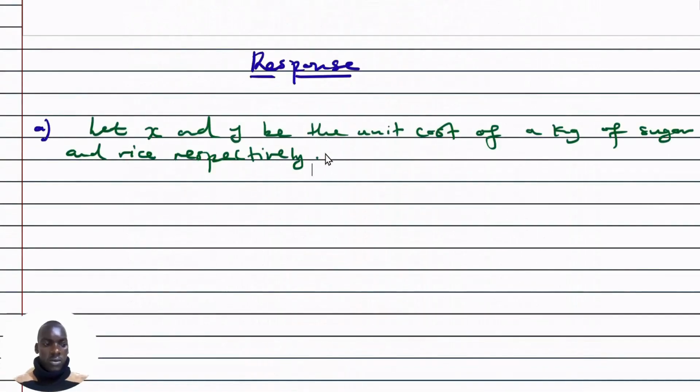So you can have 5 kilograms of sugar, this is 5 multiplied by X, added to the 6 kilograms of rice multiplied by the unit price of rice, Y, should give us the amount spent, which is the 53,000. So this can be our equation 1.